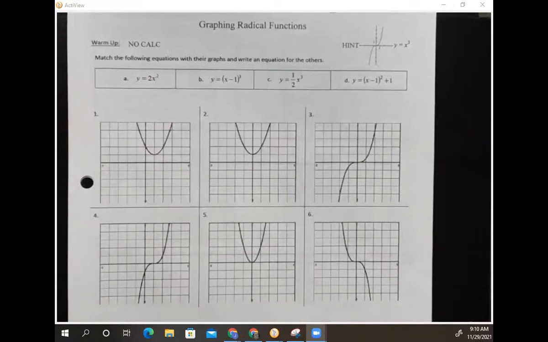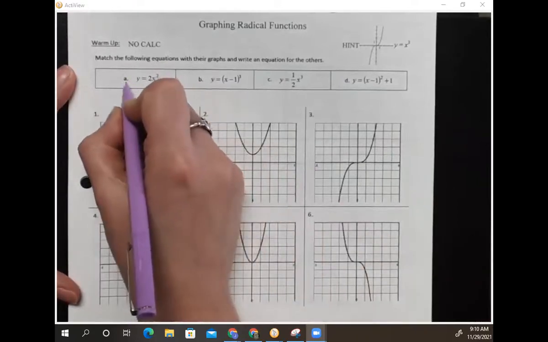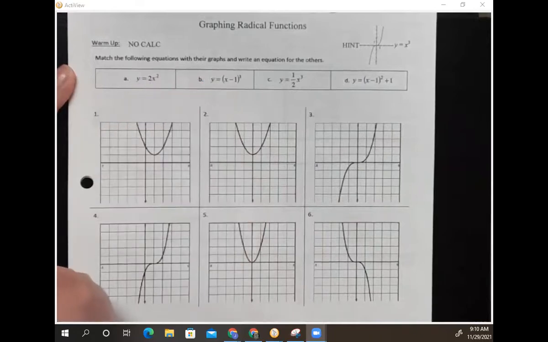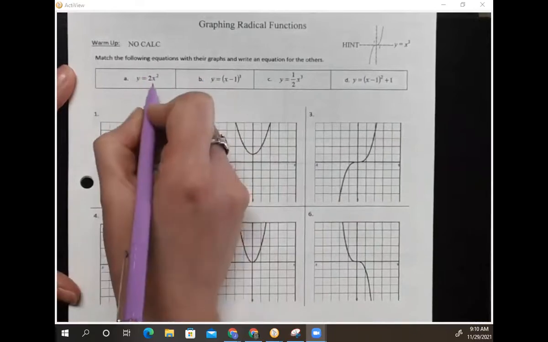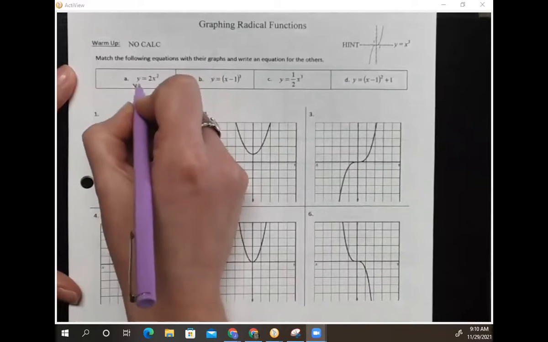But let's start with our x squared graphs. We did a lot of work with x squared functions, with quadratic functions. This A is an x squared function, 2x squared. Its vertex would be where?